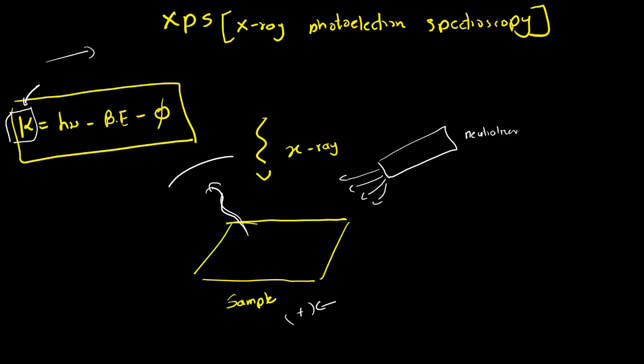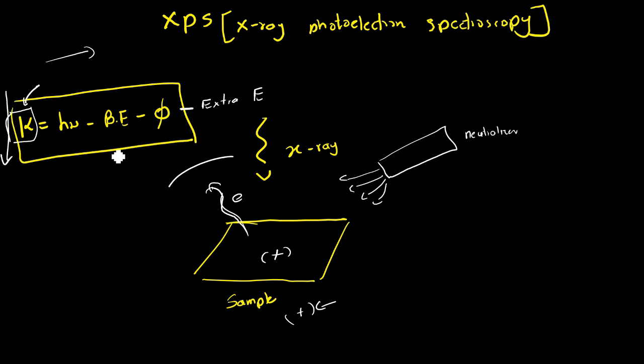Now when you have that positively charged surface, the electron has to spend some extra energy to overcome this positive charge also, right? So here there is another term added for the extra energy which the electron has to spend on this positive charge, which means your kinetic energy will be much lower.